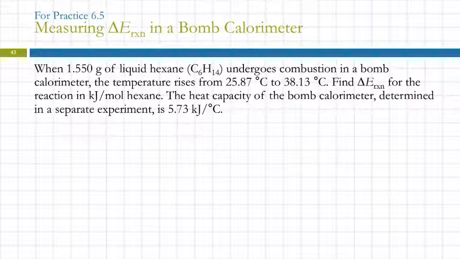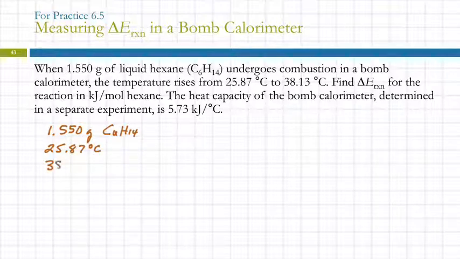Let's write them down. So we have 1.550 grams of hexane, C6H14. And we have the temperatures 25.87 degrees Celsius and 38.13 degrees Celsius. Now we're doing a lot of things here with changes in temperature. These are obviously both temperatures. One must be the initial and one's the final.